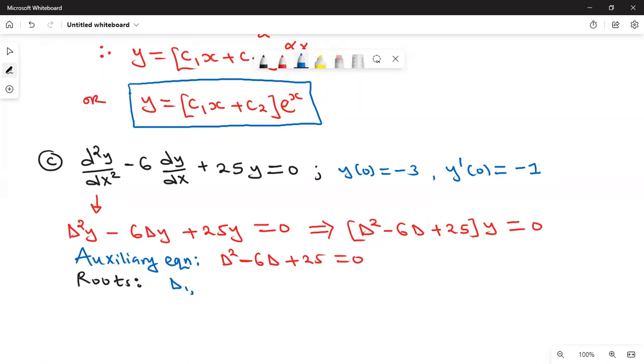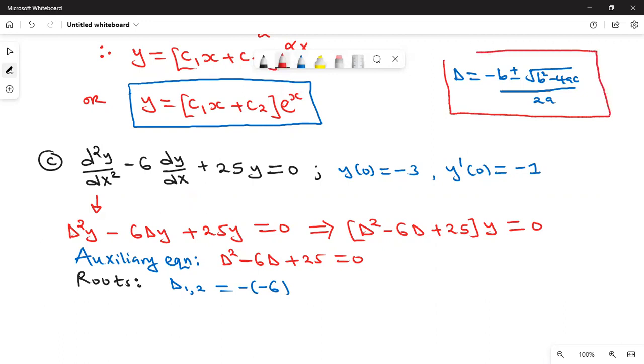So the first and the second is equal to a negative of negative 6, that's negative b. Remember the quadratic formula, that d is equal to negative b plus or minus the square root of b squared minus 4ac, everything over 2a. This is what I'm calling the quadratic formula, where a is the coefficient of d squared, b is the coefficient of d, and c is the constant term.